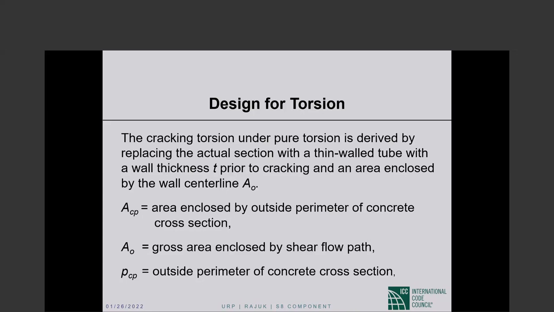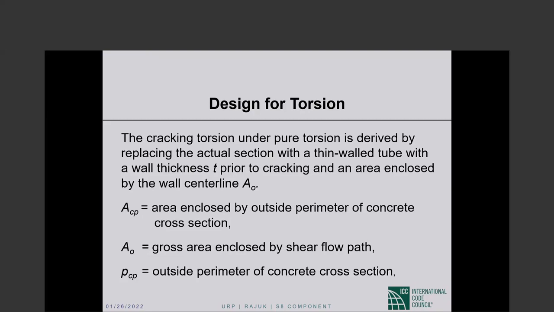If it is a hollow section, then there is a big difference between the cross-sectional area and the area enclosed by outside perimeter of the concrete section. The area enclosed by the perimeter includes the area of the hole, and that's what is meant.